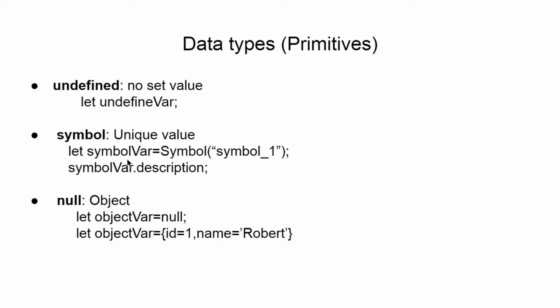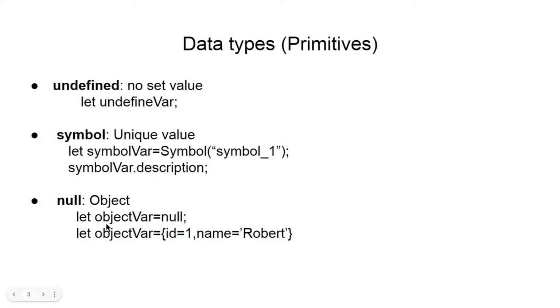Okay, the next data type is null. It is used when you are going to work with objects. For example, in this case, this variable is declared with a null value, and for that reason, it's going to get the object data type immediately.